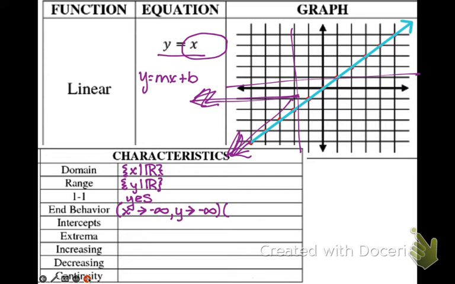So now as x approaches positive infinity, comma, y approaches what? Positive infinity also. When I ask you for end behavior, you just do this.